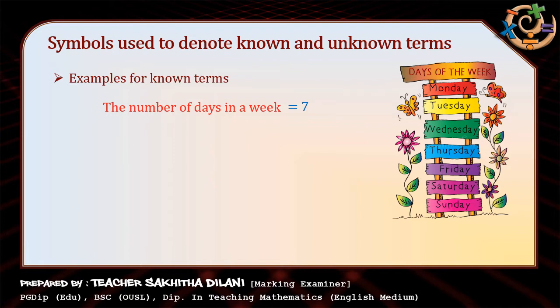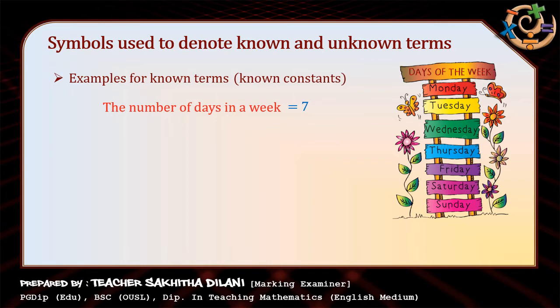We know that it is a constant value. In Sinhala, we say niyata agaya. It does not change and it is known by us. Therefore, it is a known term.